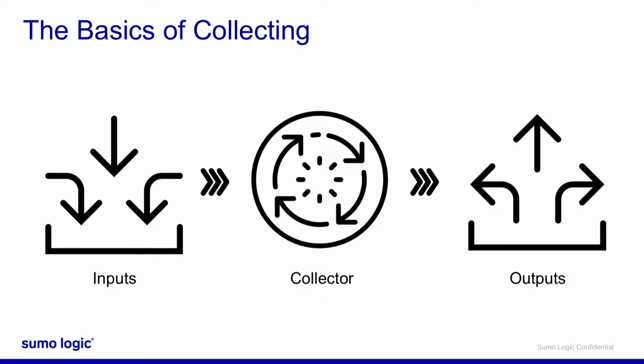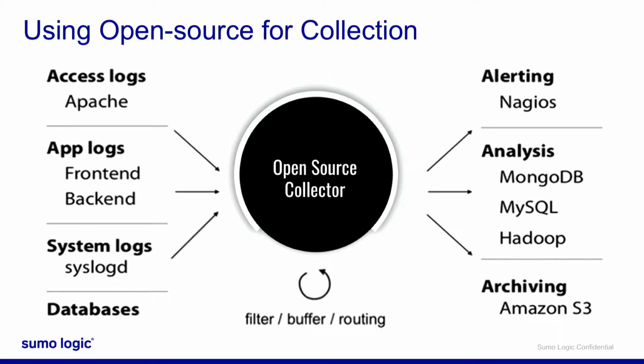This translates, in the open source community and even with our solution, into inputs that can bring data from various sources, can poll if need be, and can get that information into our collector, and then can spit it out to various endpoints.